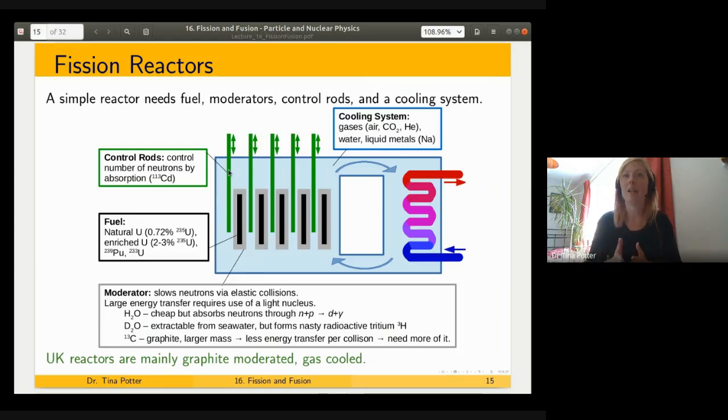Try and keep it at k=1, a critical chain reaction. We can do this using control rods, and these are usually made from cadmium, and they do like to absorb neutrons. So they're not slowing them down or anything like that. They're just going to absorb neutrons and prevent them from inducing other fissions. And so we're going to lower them in and out of our system to absorb neutrons as and when needed to control the rate of our chain reaction.